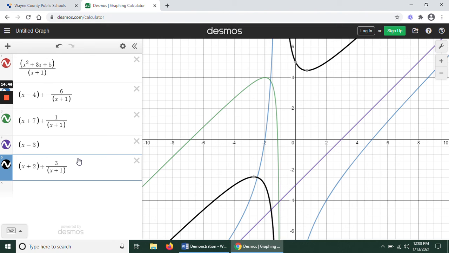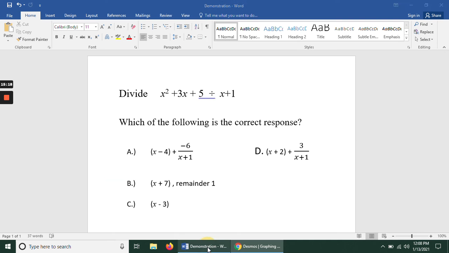Let me repeat that. You would enter your original division problem, then enter the possible responses in the rows below, and check to see which graph for one of those choices would fall directly on the graph for the original problem.